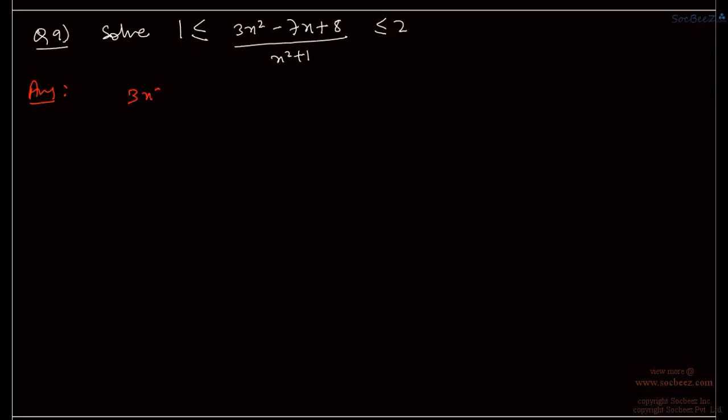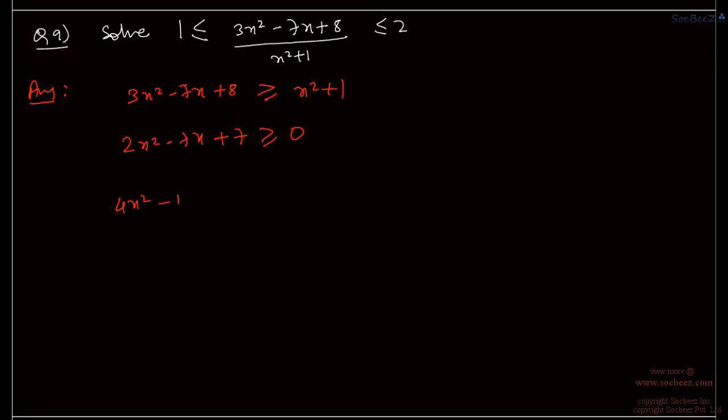That gives us 3x square minus 7x plus 8 is greater than equal to x square plus 1. And that means 2x square minus 7x plus 7 is greater than equal to 0. Right? So let's just multiply the whole thing by 2, so that we can complete the square.